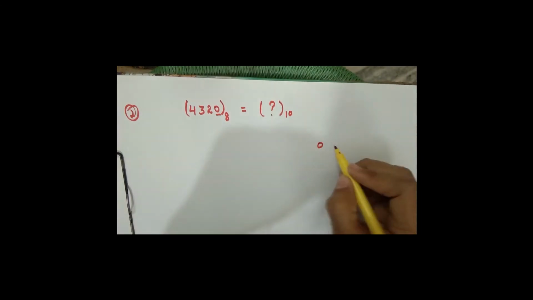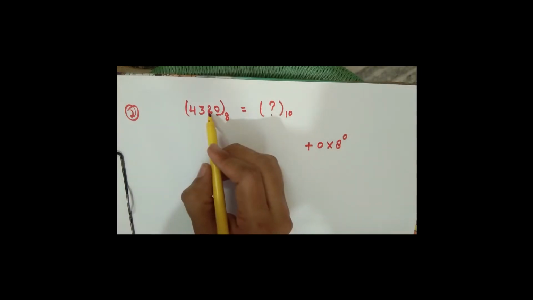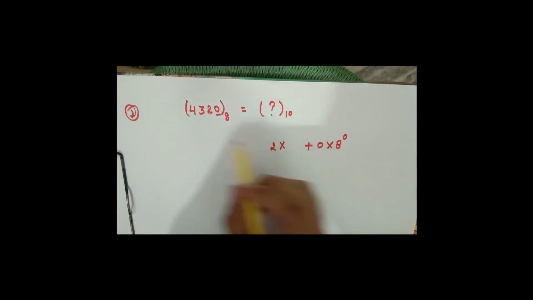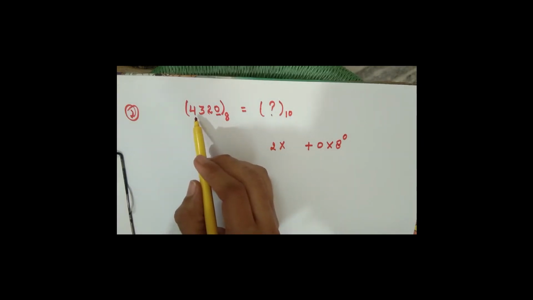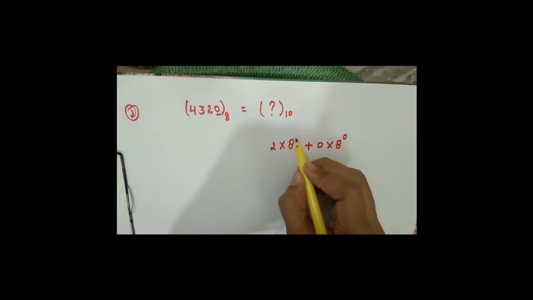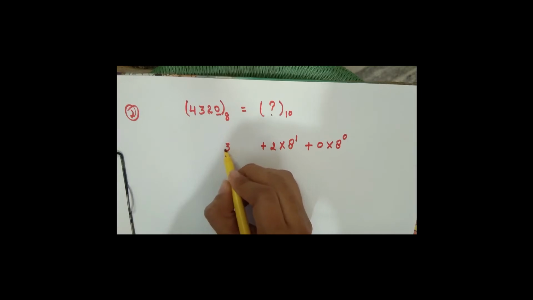First of all, take the least significant digit, that is 0, multiply it by base and the power is 0. Add it, move to the next number. As we are moving towards the leftmost digit, the most significant digit, we will be adding 1 to the power every time.